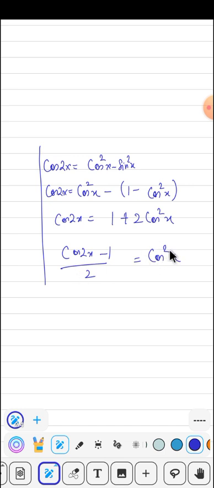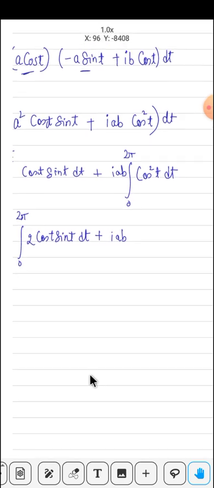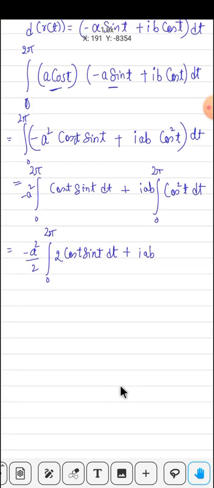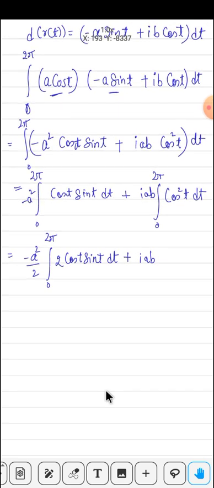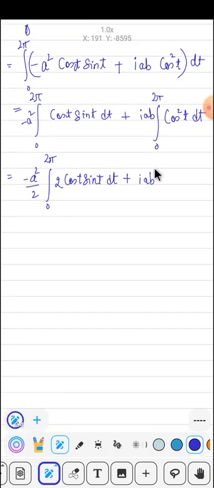So what I will put instead of cos square is cos 2t plus 1 upon 2, or I would say here it becomes 2 by cos 2t minus 1 upon 2 dt.